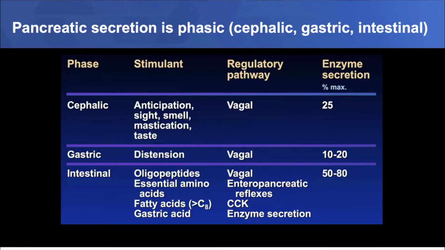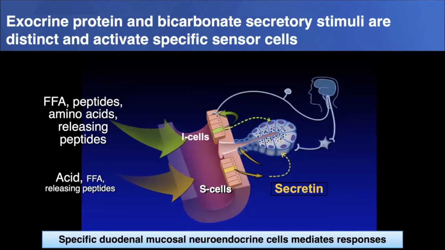There are very specific pathways for stimulating secretion from the pancreas, and they vary between stimulation of pancreatic enzyme secretion versus bicarbonate and fluid secretion. There are specific receptor sensor cells, neuroendocrine cells in the proximal gut, the duodenum, that sense the nutrients.